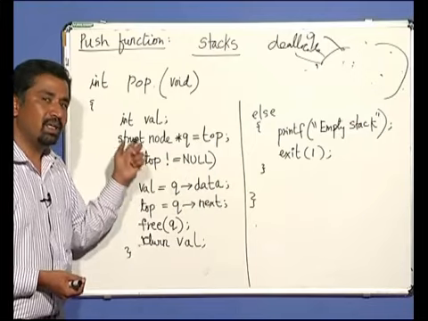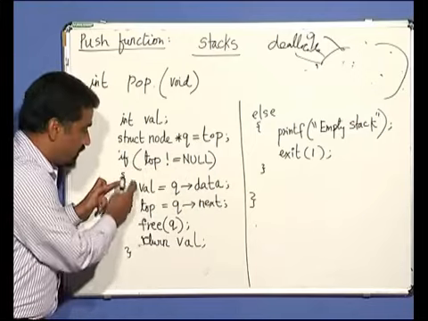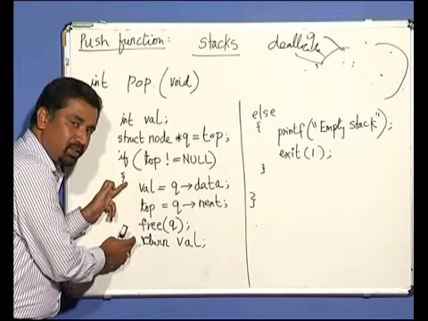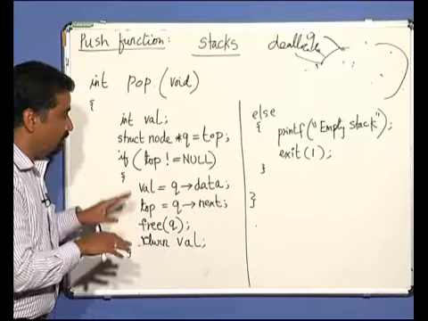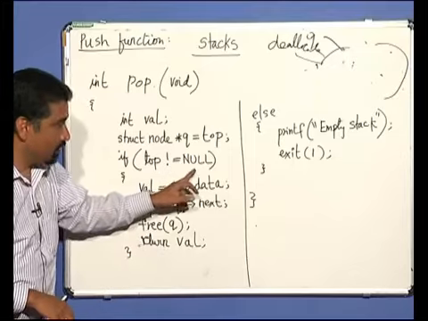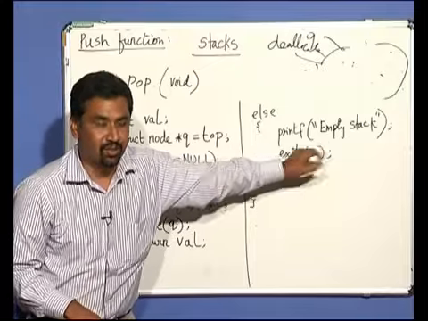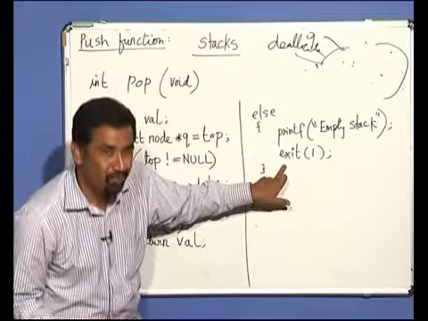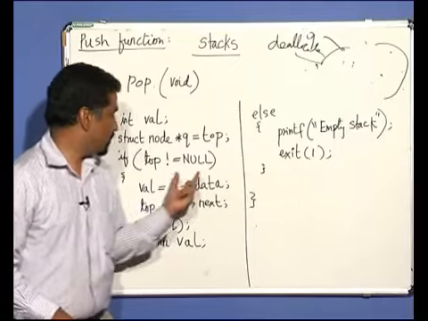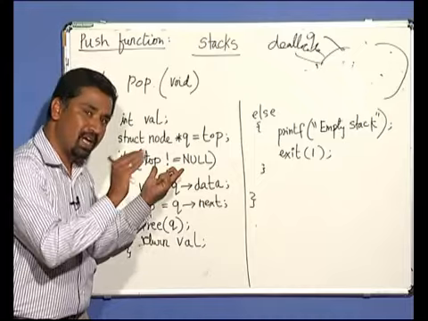It means that the stack is not empty, meaning there are elements inside. So this code will get executed only when there are elements in the stack. If the stack is empty, this will be false. So these 2 lines will be executed because it is an error condition. It will simply print stack is empty, and the program will be terminated. So this check is to make sure that there are elements in the stack.